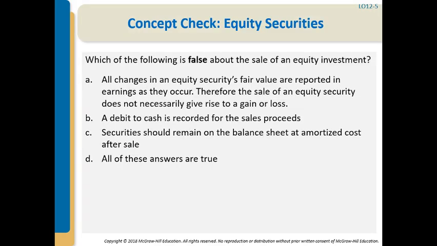All right, so we have one of these concept checks. Which of the following is false about the sale of an equity investment? A, all changes in an equity security's fair value are reported in earnings as they occur. Therefore, the sale of an equity security does not necessarily give rise to a gain or loss.